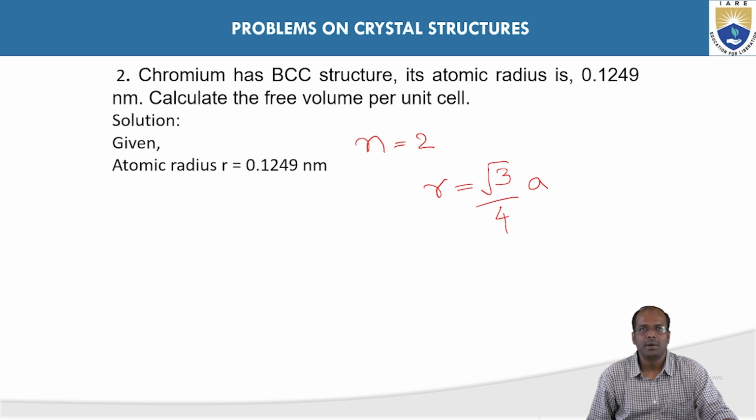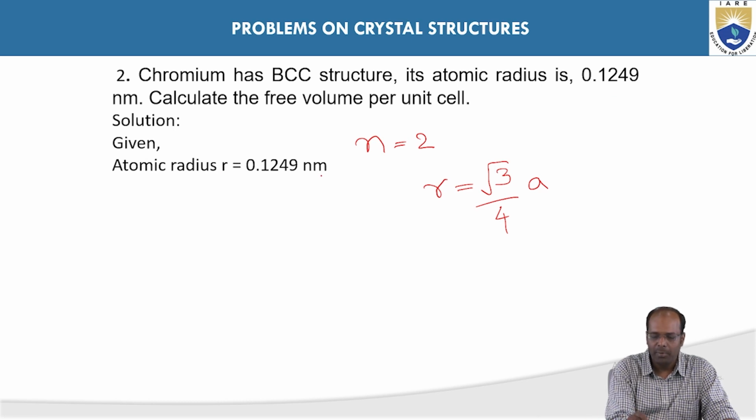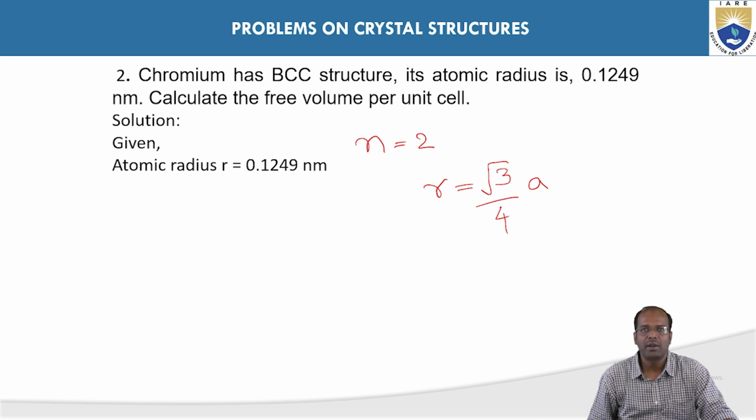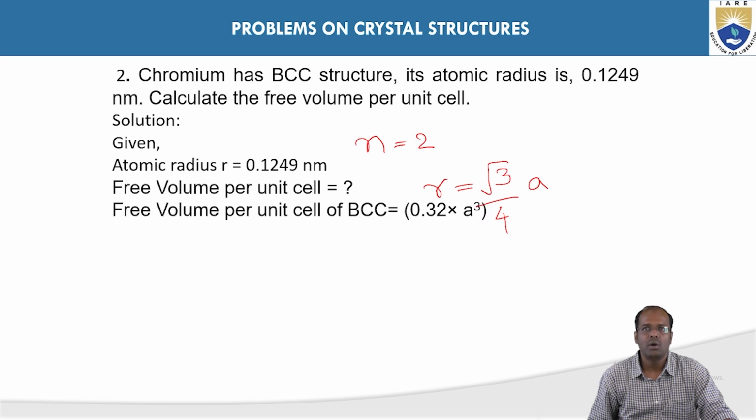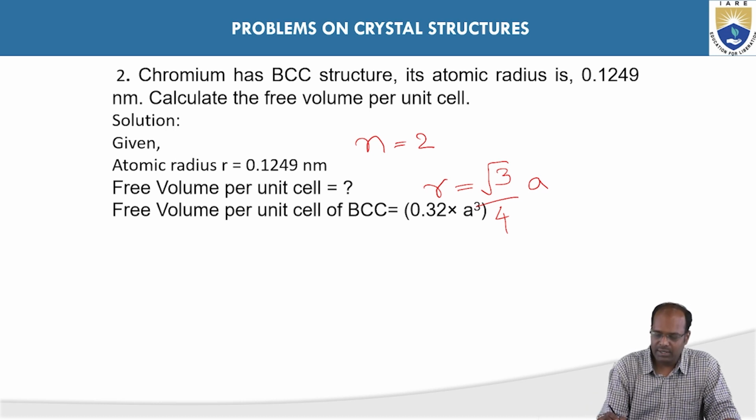So what are the parameters? First, atomic radius R is equal to 0.1249 nanometers, where nanometers means 10 to the power of minus 9. How can we calculate the free volume per unit cell for body centered cubic structure?